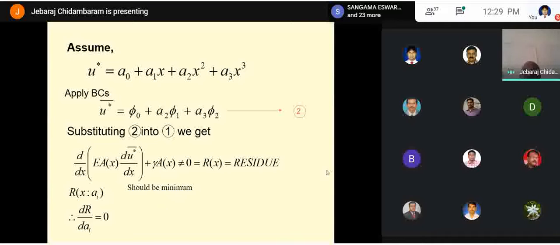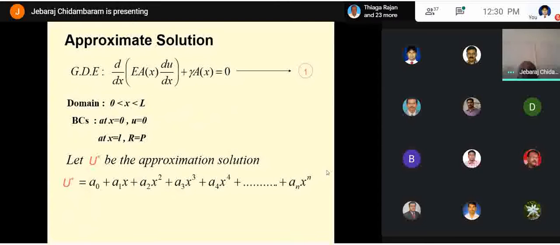Now, I substitute this eligible approximate solution into your governing equation. What is your governing equation? d by dx of EA into du by dx plus gamma x equal to 0. You remember that? That is the governing equation we had. Into which I am now substituting my approximate solution, u bar star.